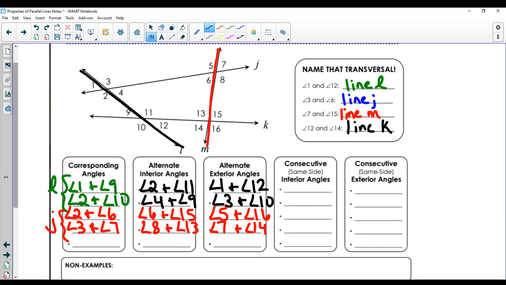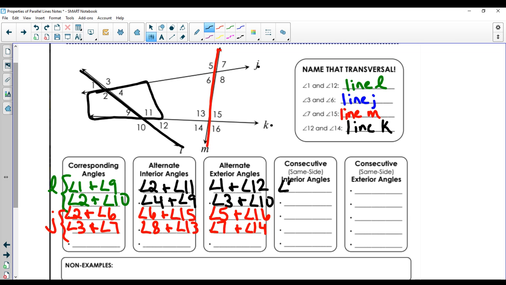Okay? And now we're going to talk about the interior. And again, the interior means it's those angles inside your two big lines. So if we're talking about J and K, we're going to look inside on this black. So this is your inside angles for the black. And now we want those angle pairs that are on the same side.